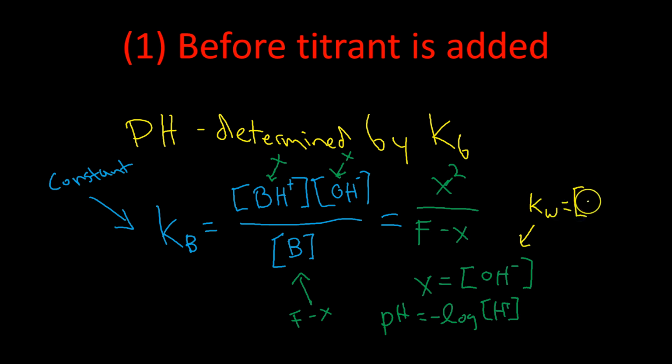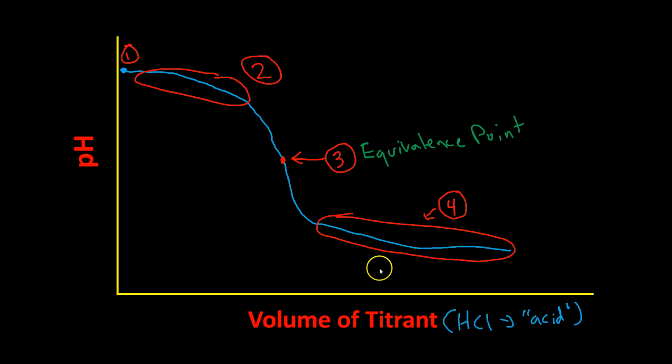We haven't talked about it yet, and that relates H+ to OH-, the hydroxide. So basically, from this equilibrium constant we can determine the hydroxide, from the hydroxide we can determine the H+, and from the H+ we can determine the pH. So this is what dictates the pH in this region right here.